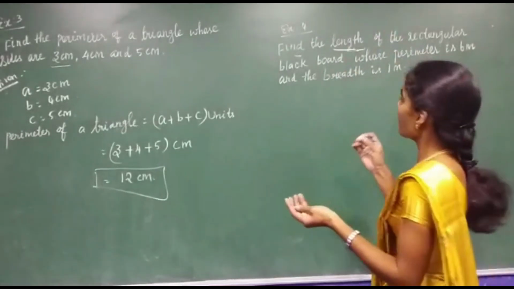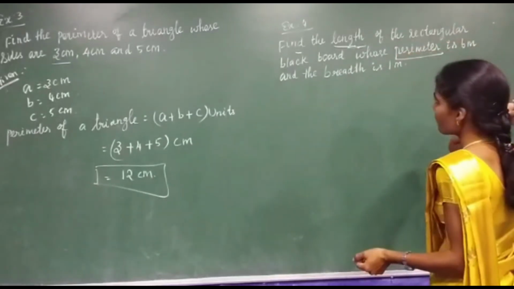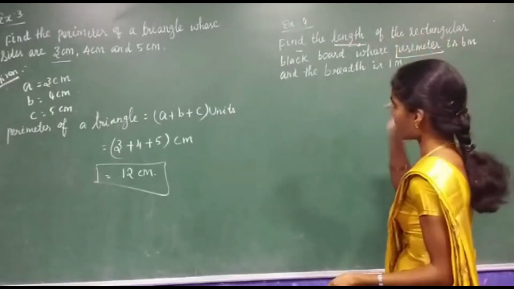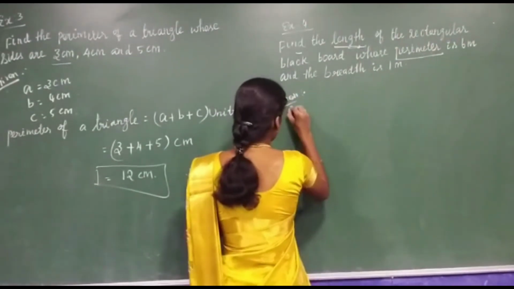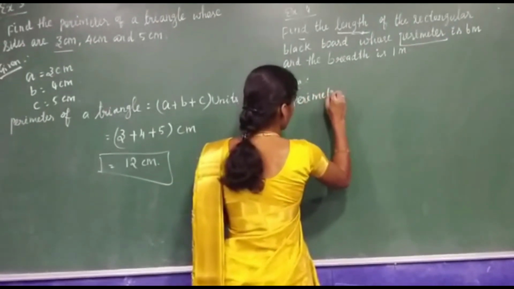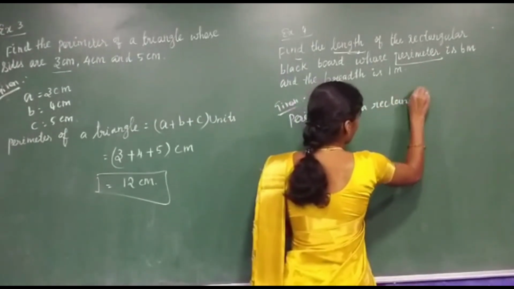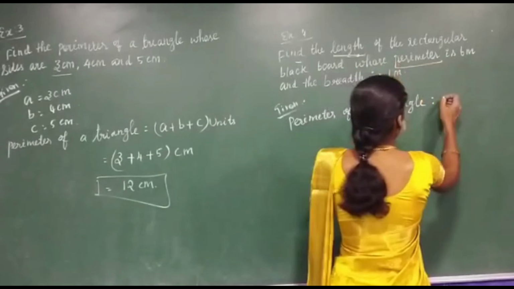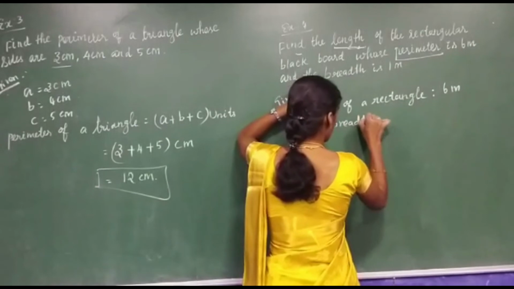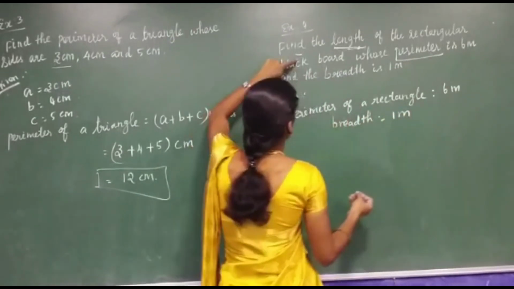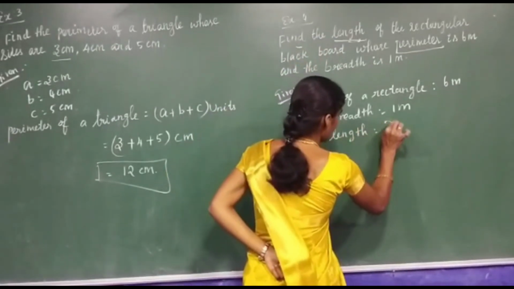In the earlier problems, we calculated the perimeter easily, but in this problem, they have given the perimeter value and we want to find the length. First, they gave the perimeter of the rectangle, 6 meter. Next is the breadth, 1 meter. We want to calculate the length only.